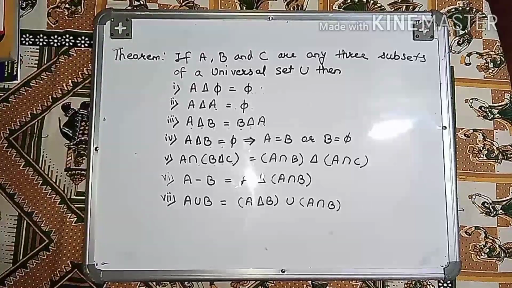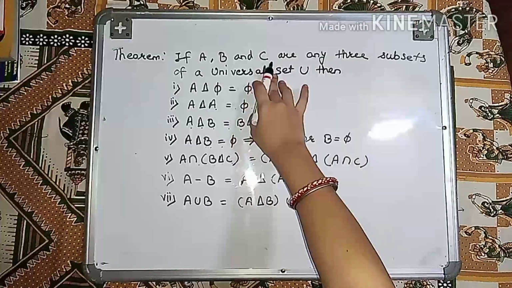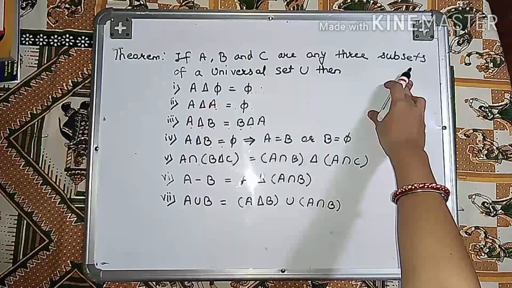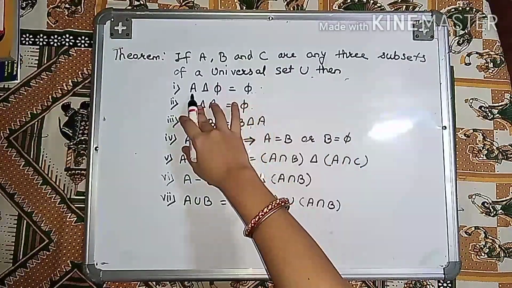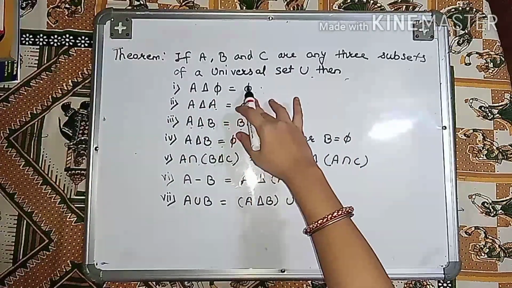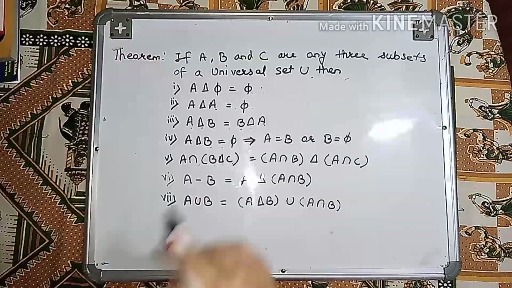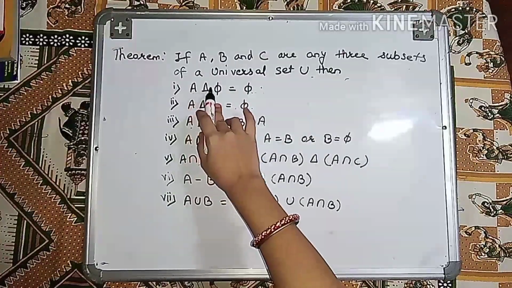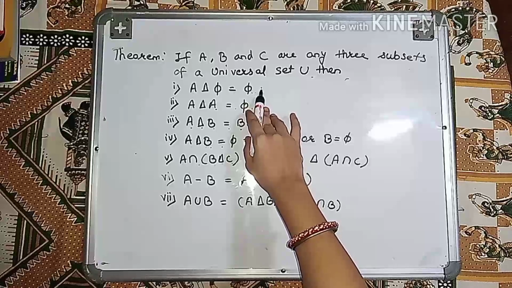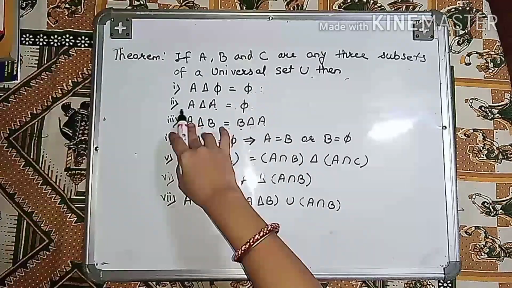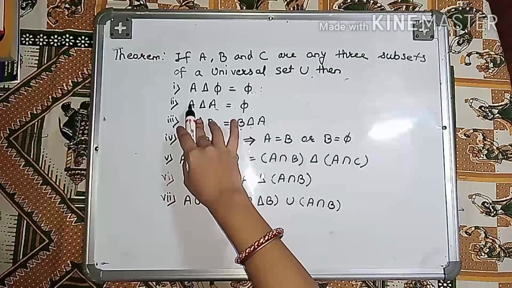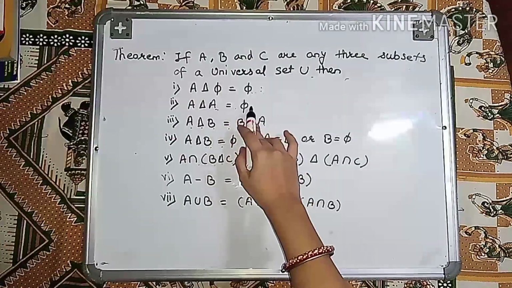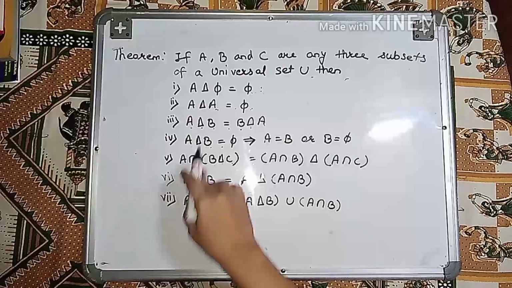Now here is a theorem. If A, B and C are any three subsets of a universal set U, then first, A delta phi is equal to phi. This means the symmetric difference of A and phi will be phi. Next, A delta A, the symmetric difference of A with itself, is equal to phi.